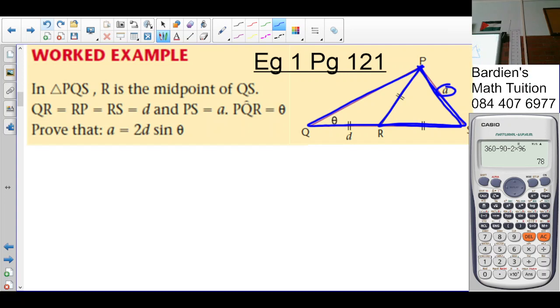But if you're looking at the big triangle, remember there's a d here and there's a d here. I can calculate this angle here. Not so? There's theta. This will be 2 theta. Exterior angle is equal to the sum of the 2 interior opposite angles.